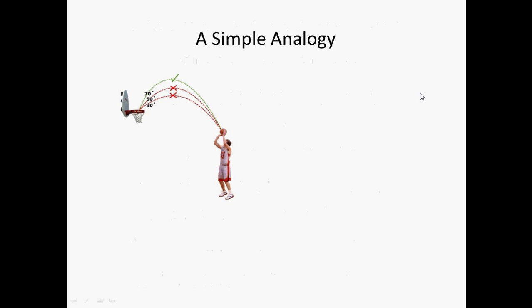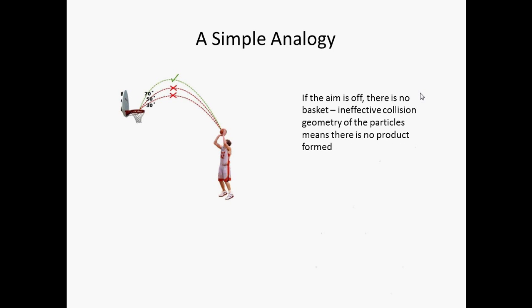So let's take a look at a simple analogy. Our basketball player. For the basketball to go through the basket and score a point, two things need to occur. And the analogy will be that when the basketball goes through the hoop, then a reaction takes place and a product is formed. So first of all, your aim needs to be on. If your aim is off, you're going to miss the basket and there will be no reaction.